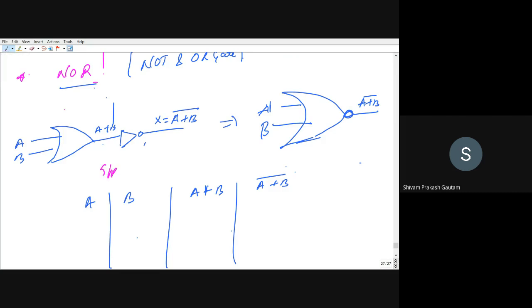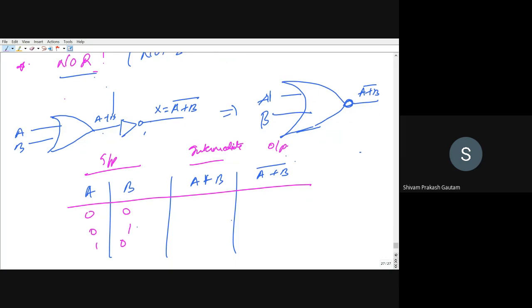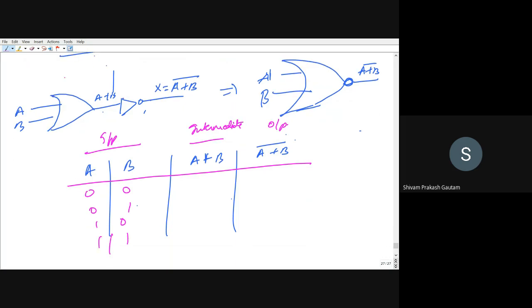AB is your input, this is your intermediate stage, and this one is your output. You can fill in the values 0 0, 0 1, 1 0, and 1 1. Now tell me the output of the OR gate. If both inputs are 0, the output will be 0, and for all the rest of the cases, the output will be 1. This is the truth table for the OR gate.